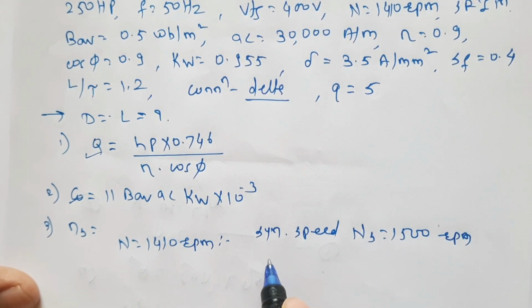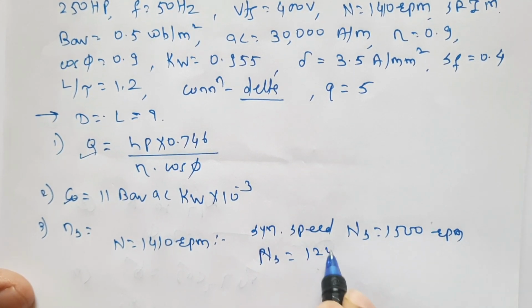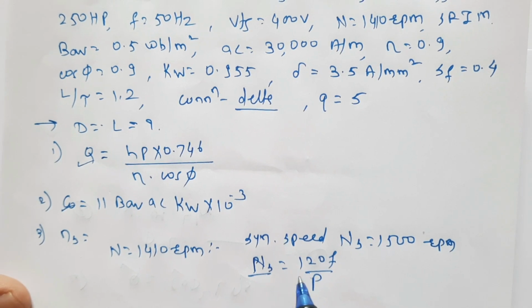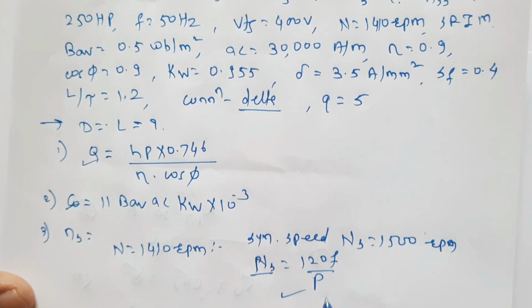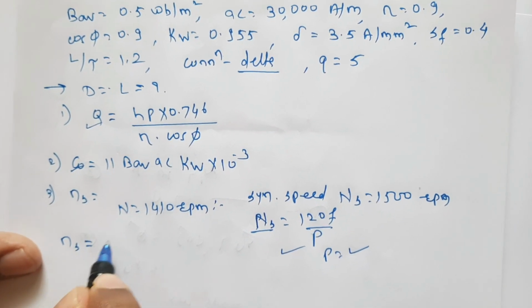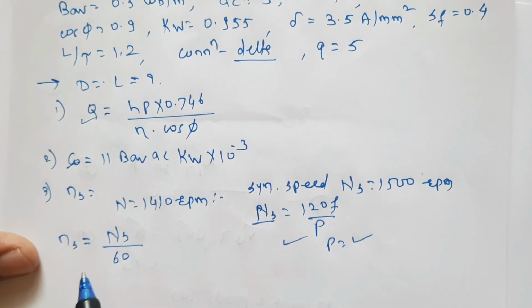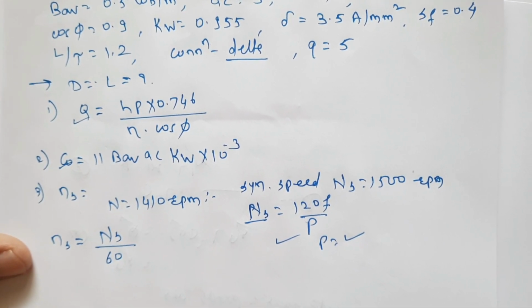From this we will get the value of P, since ns is equal to 120F divided by P. Small ns is equal to capital Ns divided by 60, so we get small ns in revolution per second.